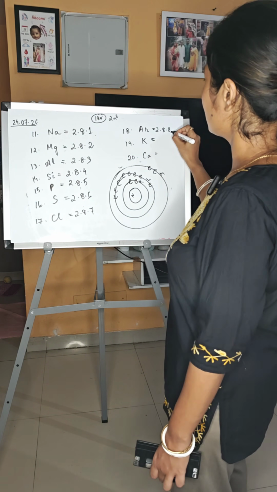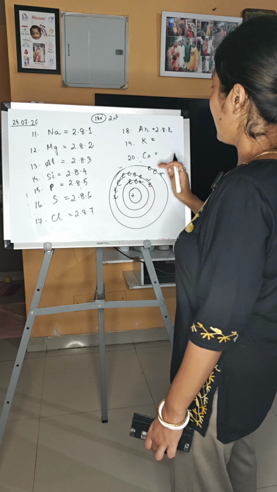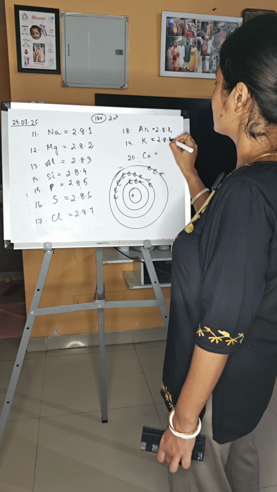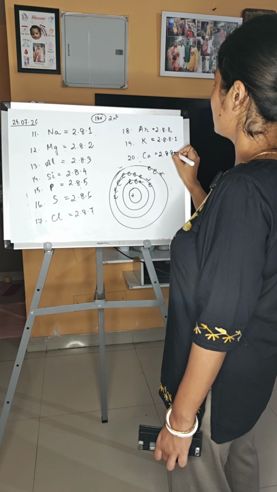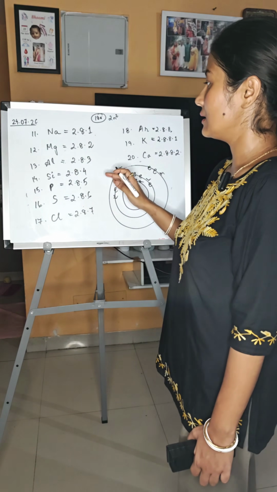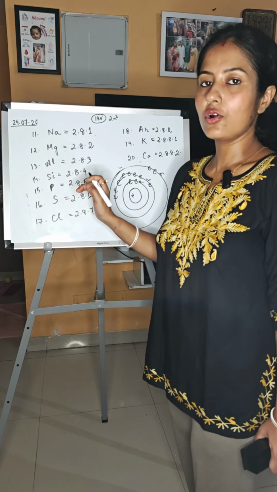So since the third shell is full, the next electron will go to the N shell. So the configuration of potassium will be 2.8.1, and for calcium it is 2.8.2. So this is how the electrons are accommodated in the elements in the various circular orbits or shells.